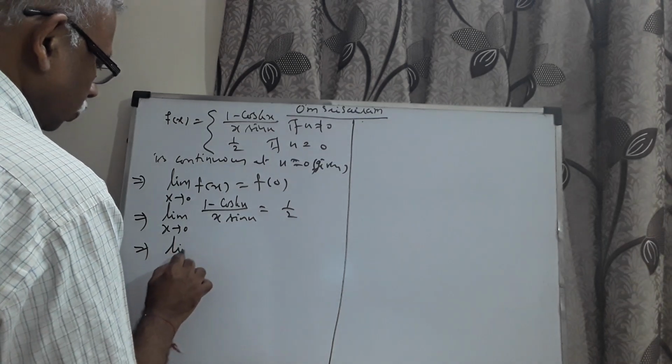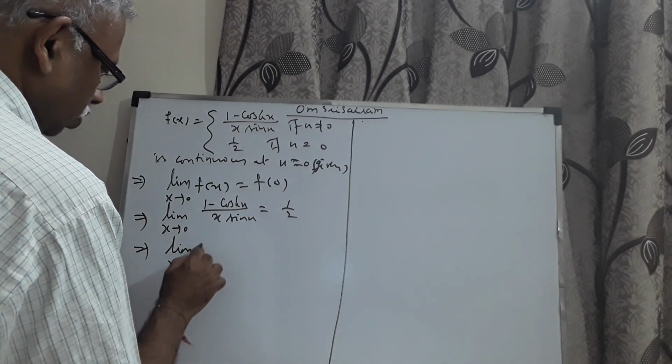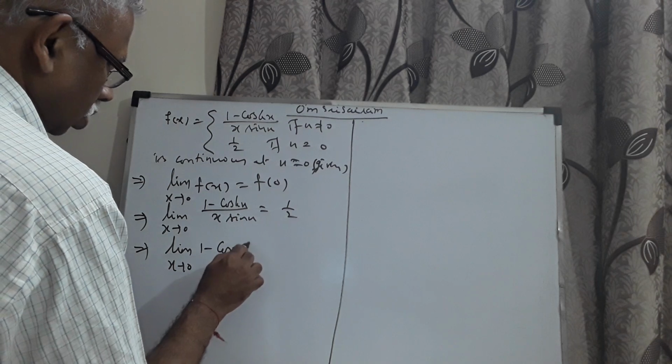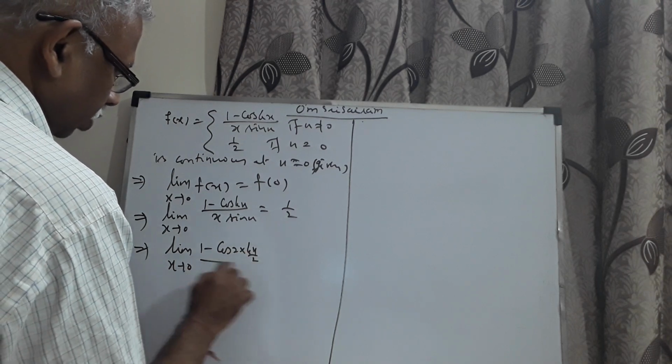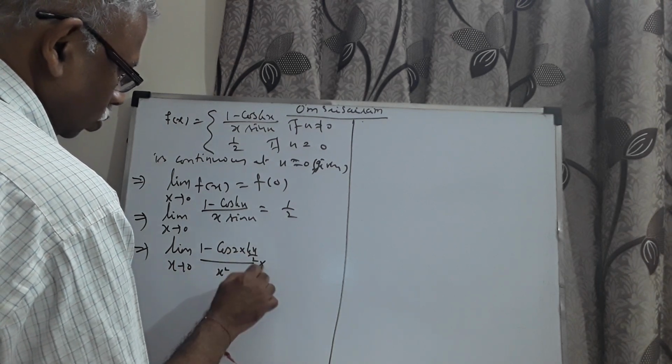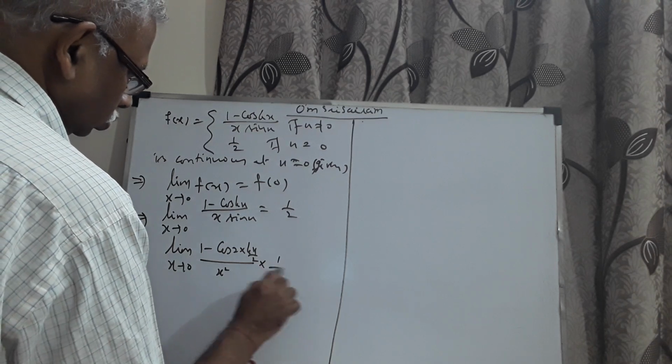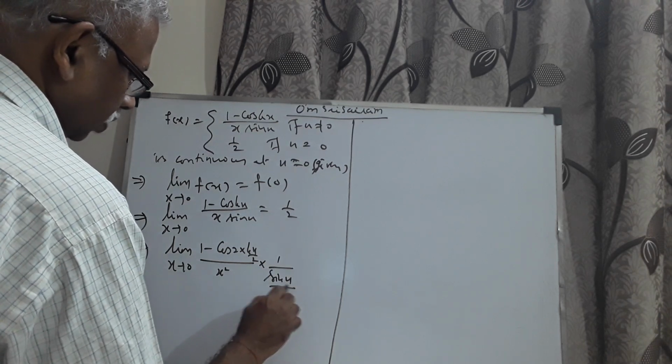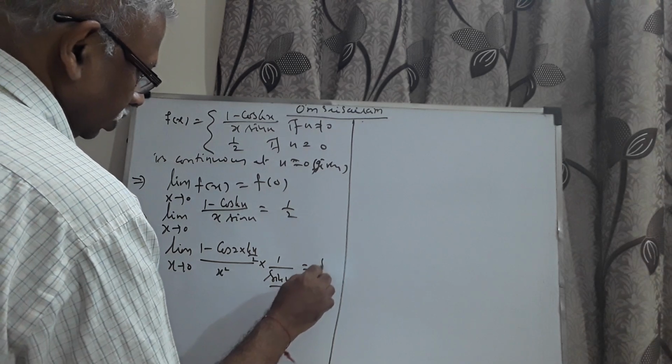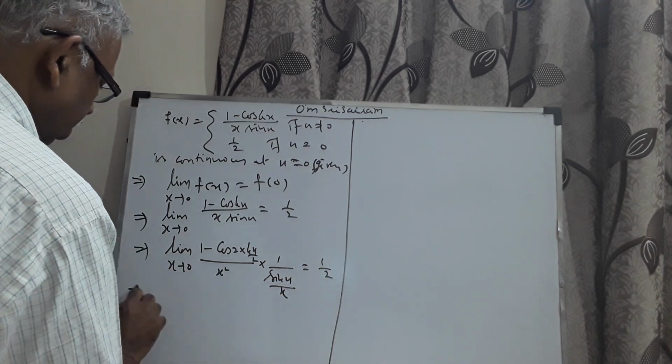Now this is reduced to the limit as x tends to 0 of (1 minus cos 2 into kx by 2) by x square, into 1 by (sin x by x). I will multiply and divide by x in the denominator. I need it, therefore I do.